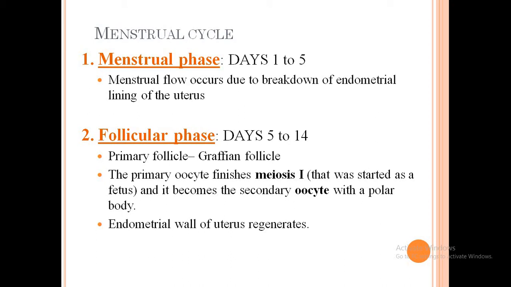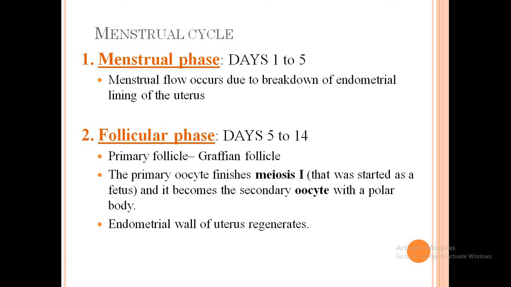Now during this menstrual phase, children, what is happening? Do you remember I told you the innermost lining of the uterus is called endometrium. During this phase, the endometrium is shed. What do you mean by shed? It is broken, but it doesn't get broken instantly, but bit by bit, like soil is eroded.